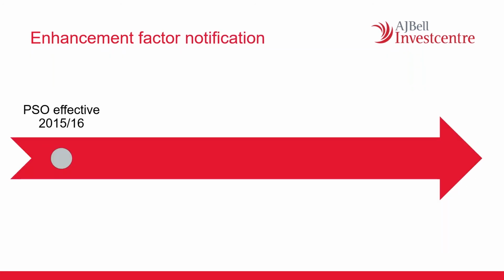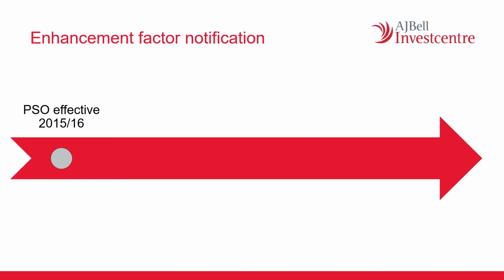There is a time limit for applying for enhancement factors, for your notifications to HMRC. The way they word it, it's 5 years after the 31st of January following the tax year in which the pension sharing order or transfer or the non-residence factor took effect.